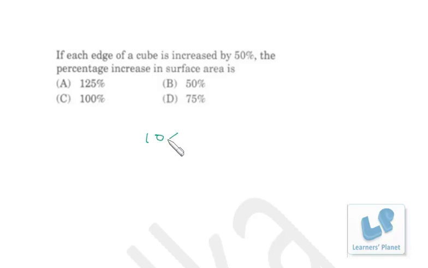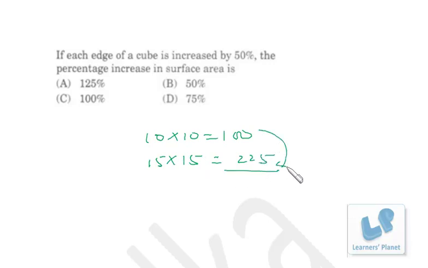So side into side is side square, right? Now side is increased by 50%, that means the new side is 15. Now it is 225. So from 100 to 225 the increase is 125, and since we are taking the increase from 100, the percentage increase will remain the same, so it is 125%. A 20-second question.